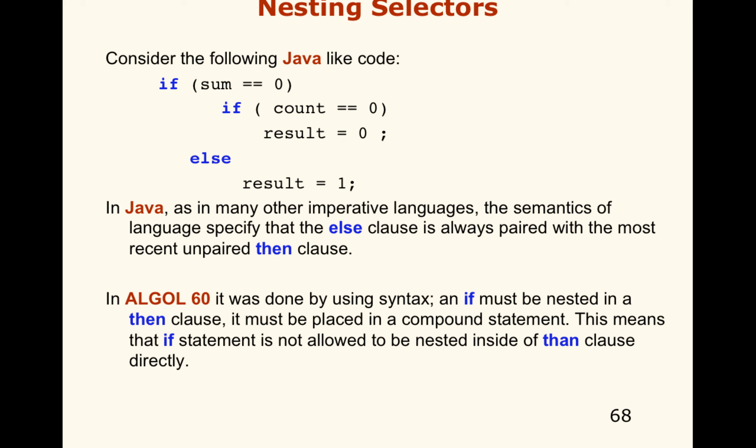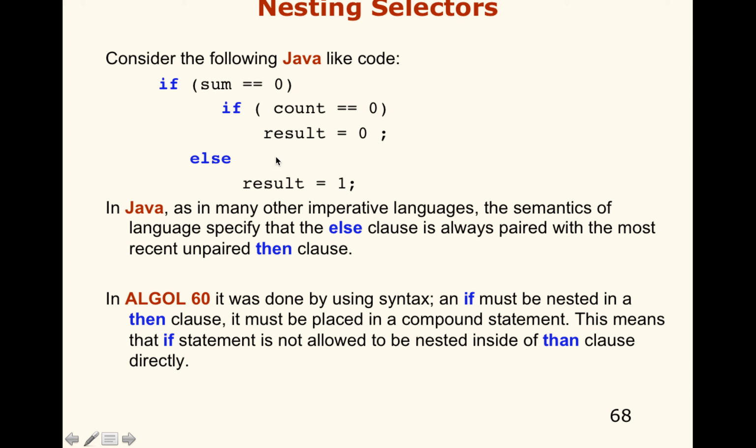Here is a nested selector. Consider the Java language. Java has just else. Actually, I thought there was an else if in there, but these are nested ones. And so now we have nested ifs inside of ifs in Java as well. C++ supports the same thing as well. So if, we just keep going in.